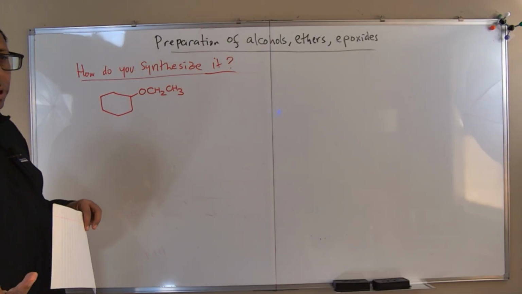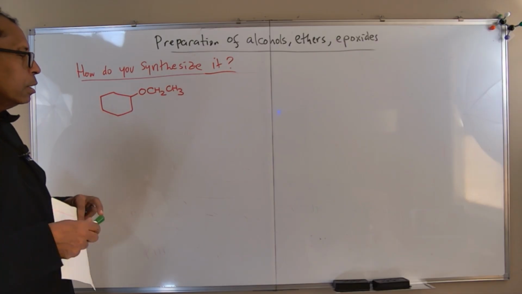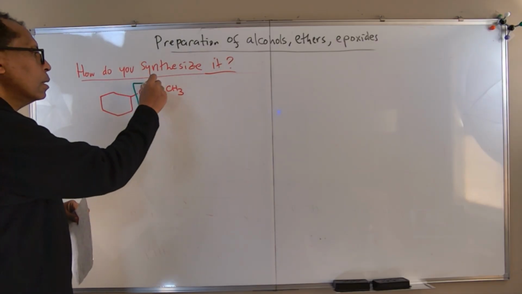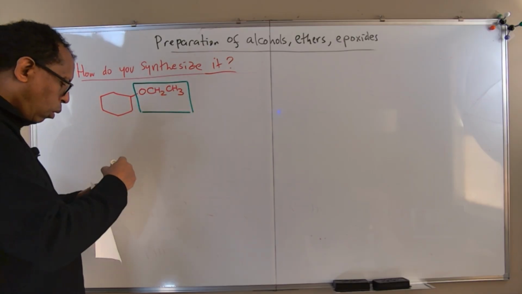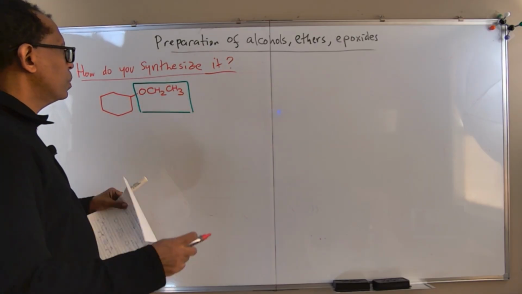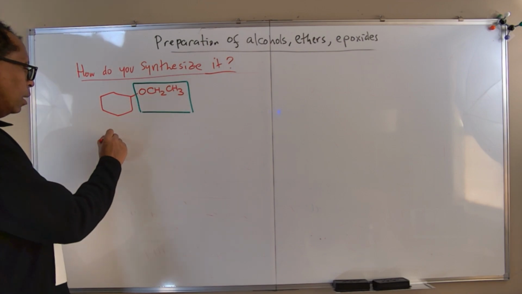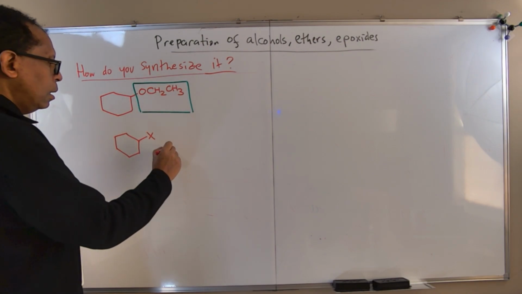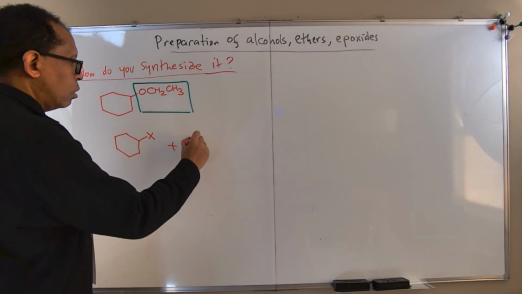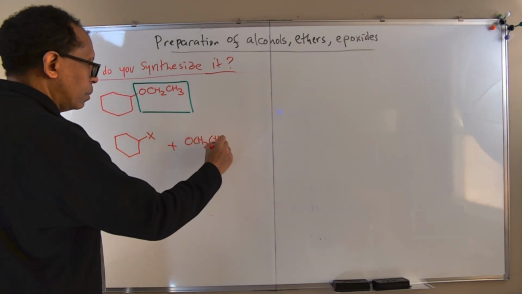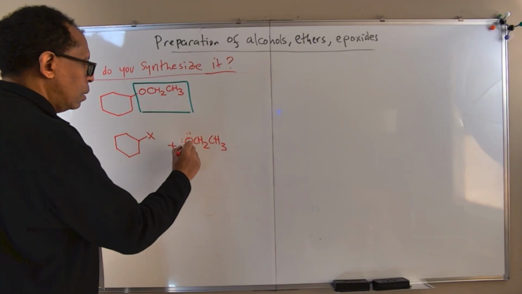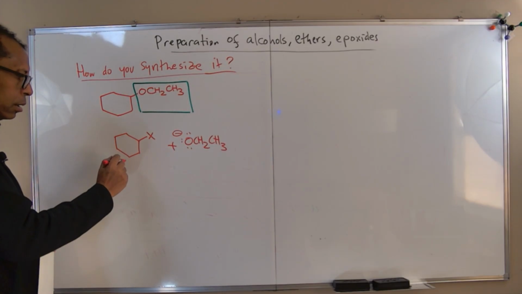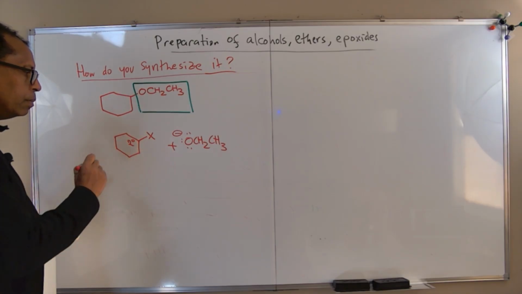So if we are trying to do the Williamson ether synthesis, do I use this alkoxide, or, meaning that this as an X alkyl halide and OCH2CH3? Based on our discussion, your alkyl halide here is secondary.